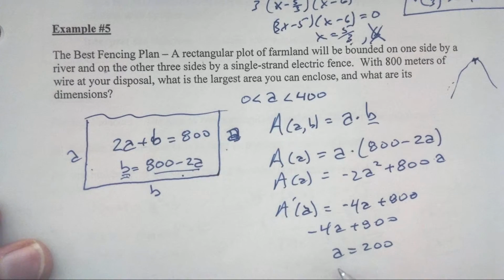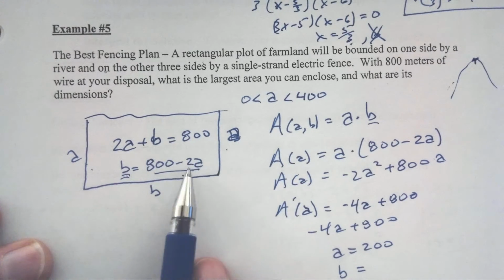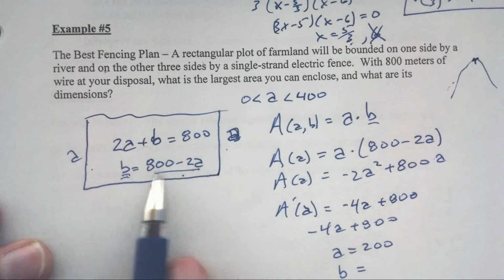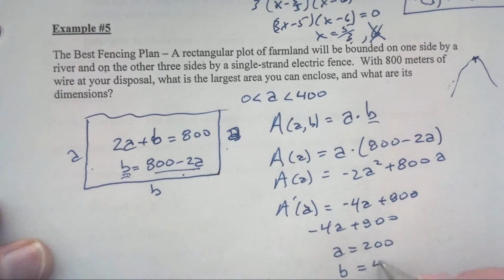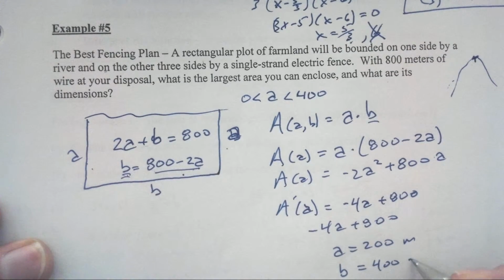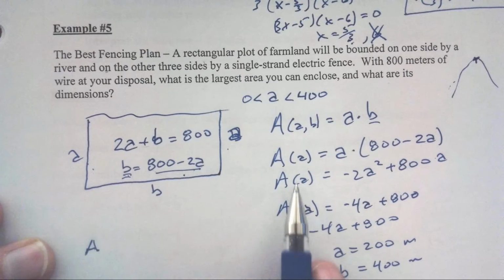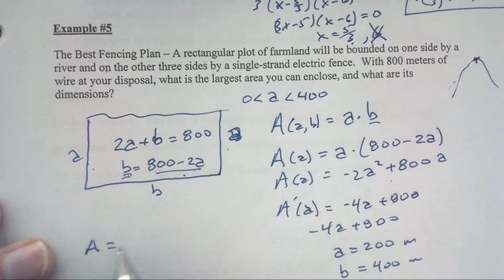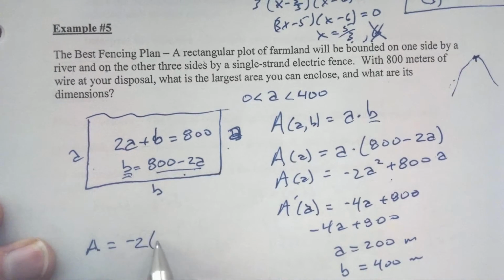If A is 200, then B is 800 minus 400, 400 meters. And our maximum area, still back on the volume problem, would be negative 2 times 200 squared.